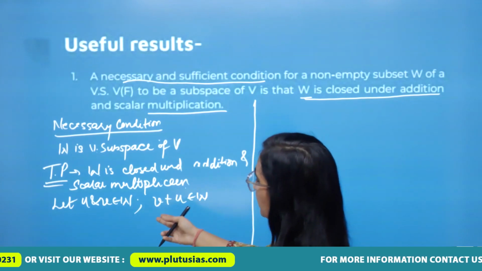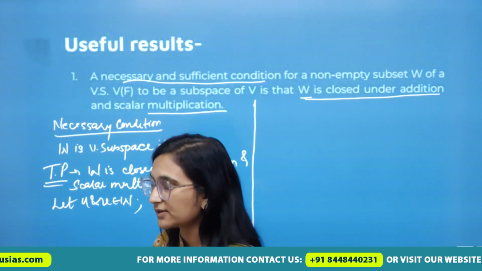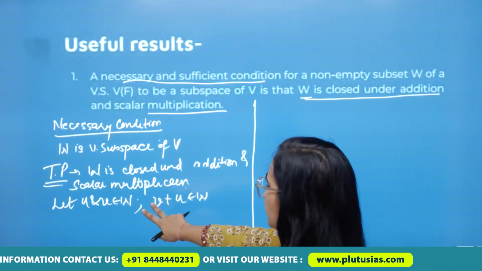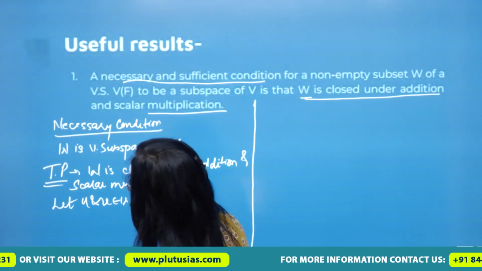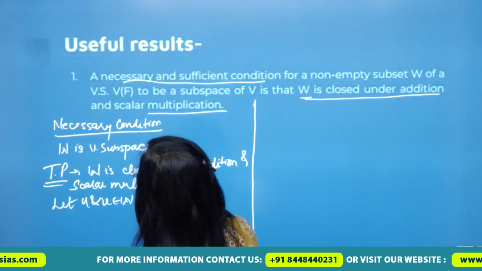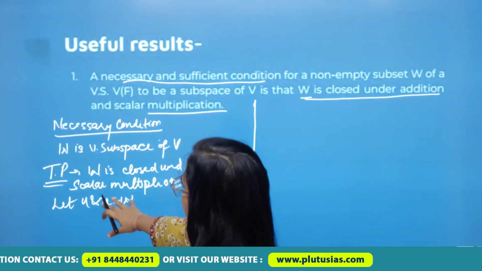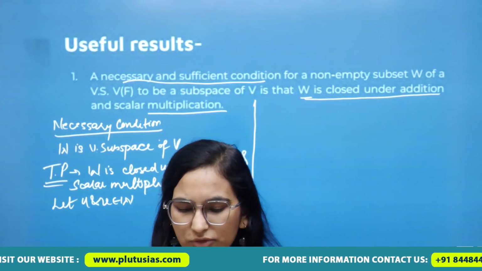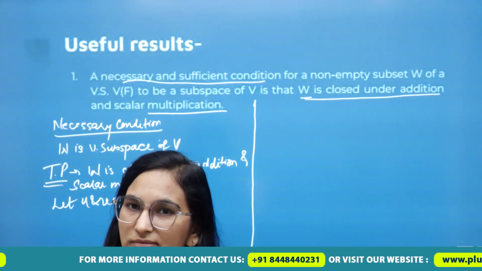So, two elements of W are two elements of the vector space V in itself, right? Now, u and v belong to W, but we are given that W is a vector space. If it is a vector space, then the internal binary operation must be defined on this, right?